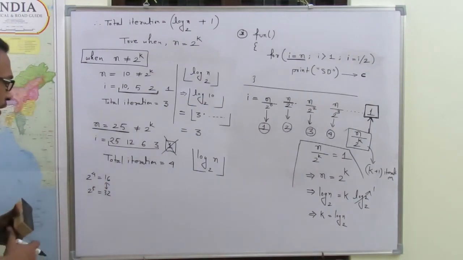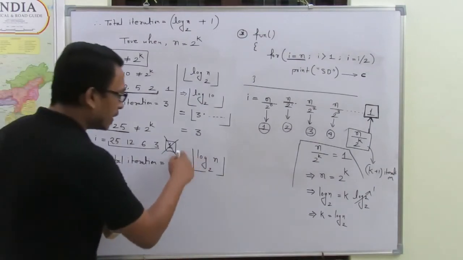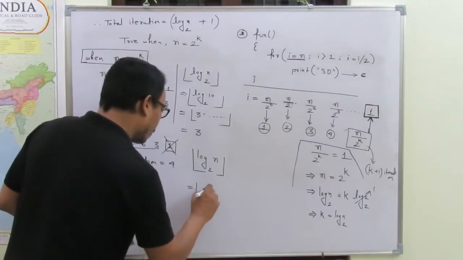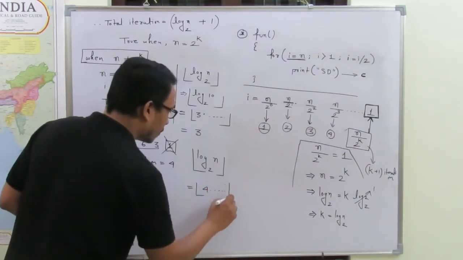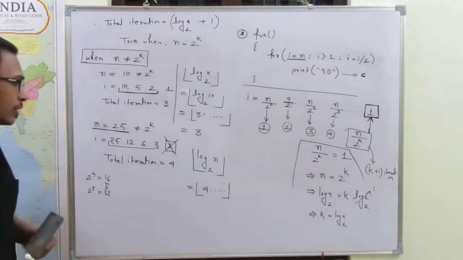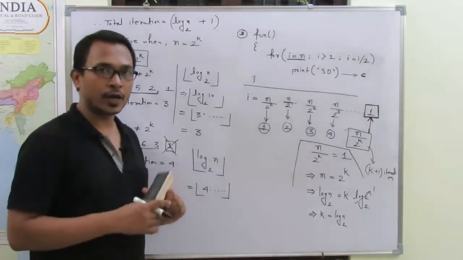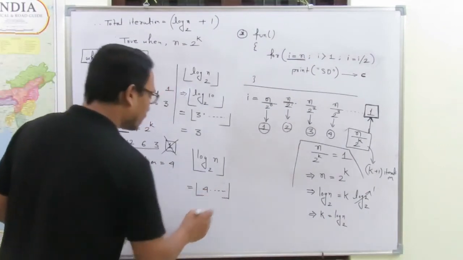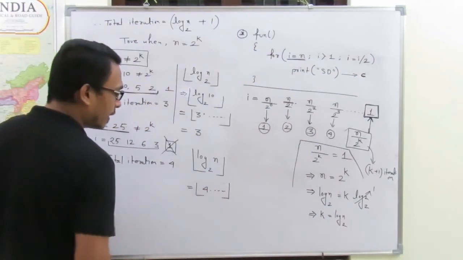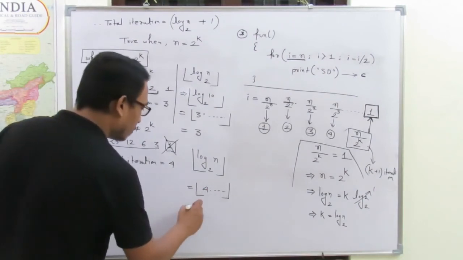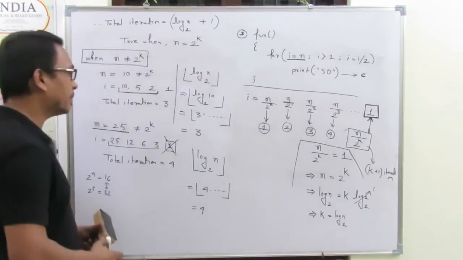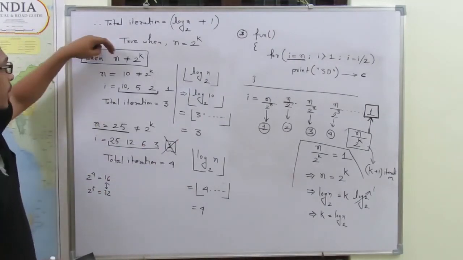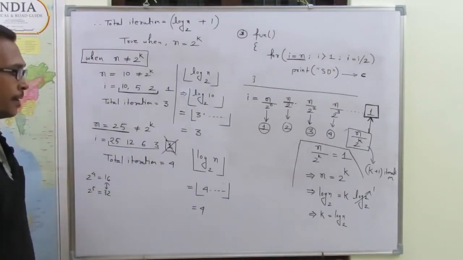That means this value will give us something like 4 point something, but the actual value is not required for us. After this floor operation we will get only 4. That means the floor operation is correct for the case when n is not equal to 2 to the power k.